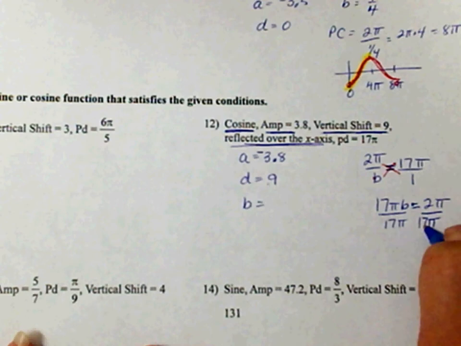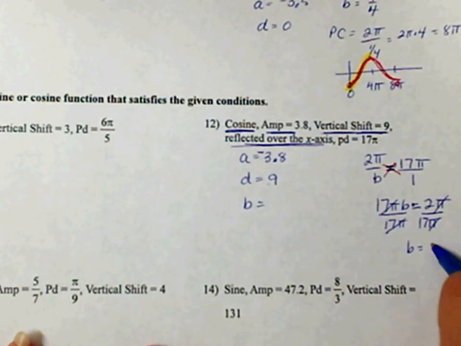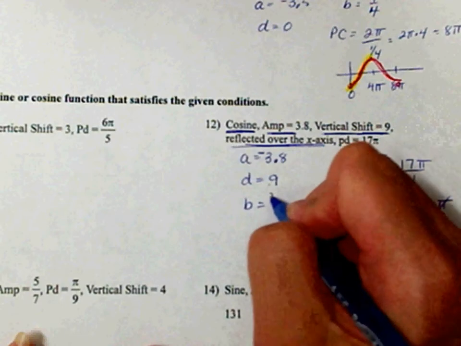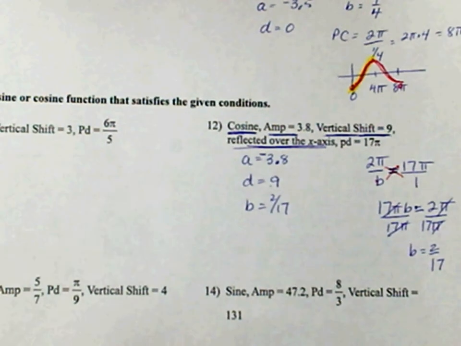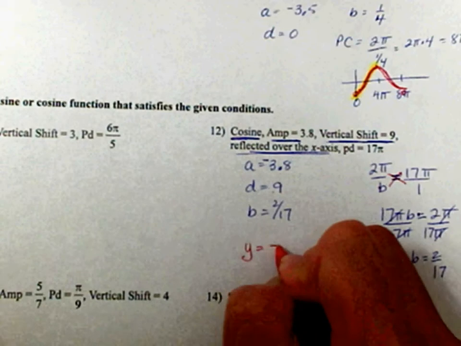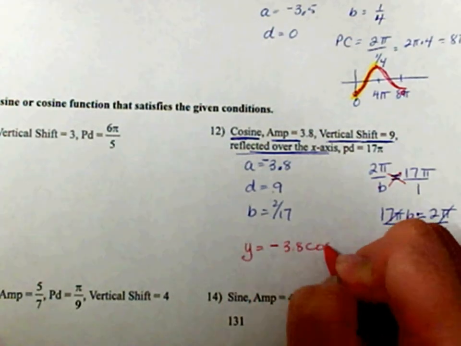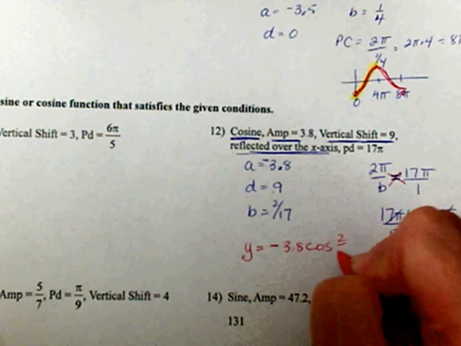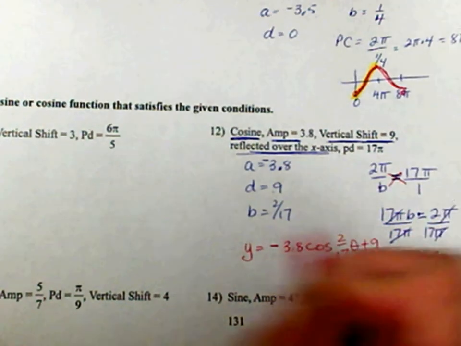So B is equal to 2 over 17. Now you have everything for you to write your equation. So what is your equation going to look like? Y equals negative A, 3.8, cosine B, 2 over 17 theta plus 9. And you have your format. Okay?